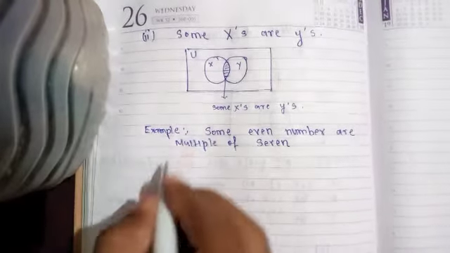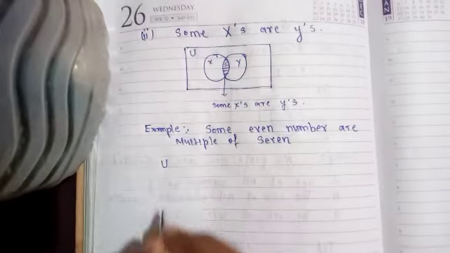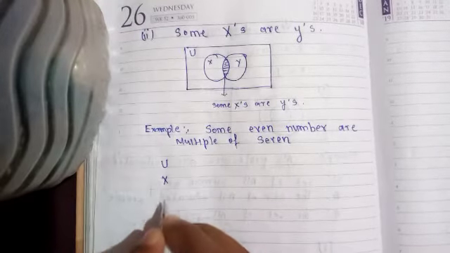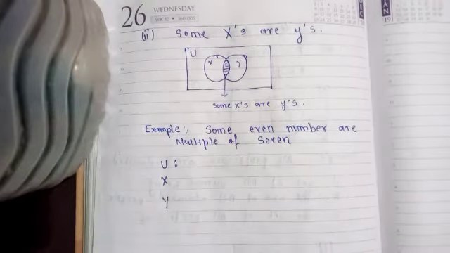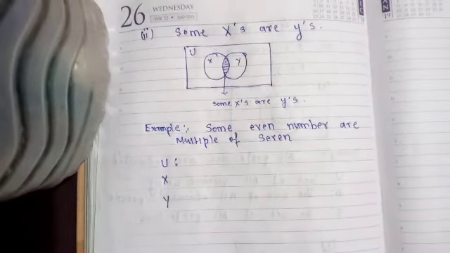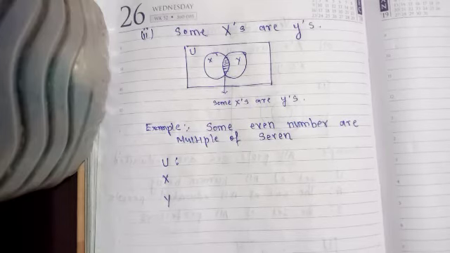So we will define the universal set, that is U. Then you can define x and y. So U is the set of all numbers.